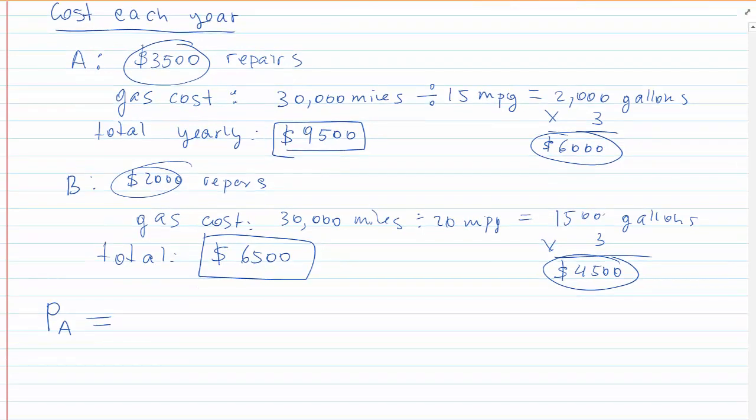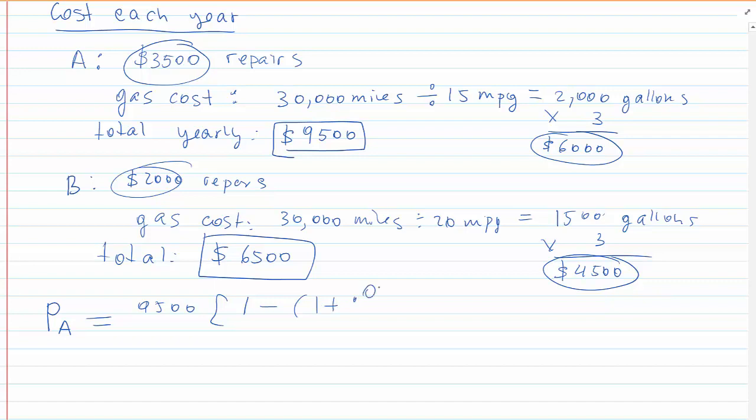So what are the payments we need every year? 9,500. And then it's 1 minus 1 plus the rate, since it's a present annuity formula.